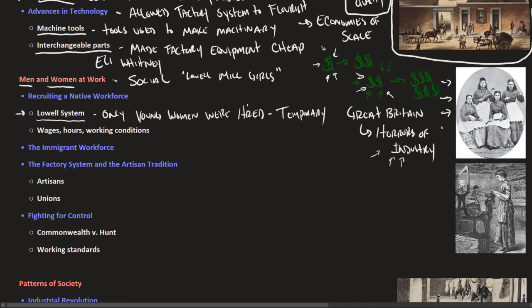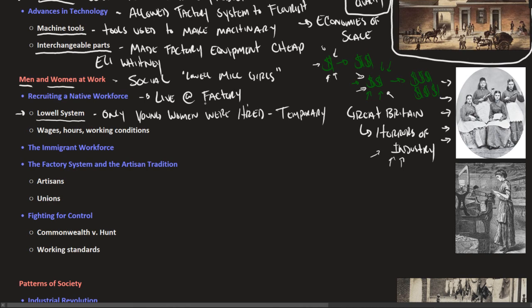Typically, it involved young women who grew up on a farm, and they would move away from their family at a somewhat young age, right? Maybe 13, 14, 15, 16, in that area, and would live at the factory, right? So the Lowell system required women to live at the factory.